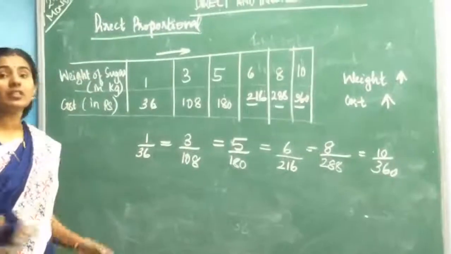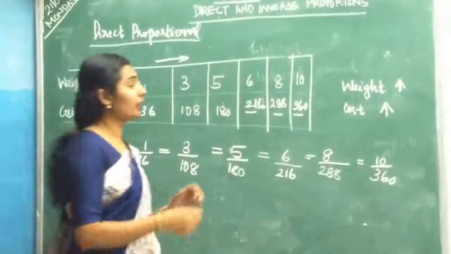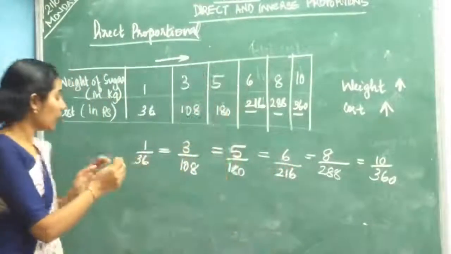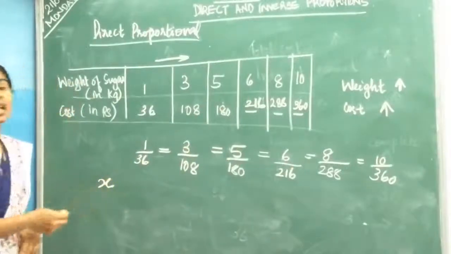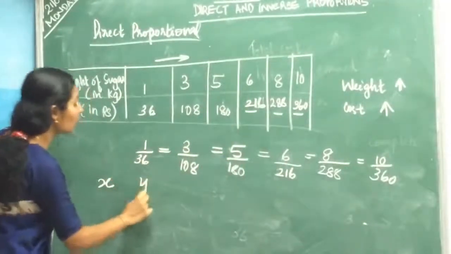So when you are given two quantities, the first quantity I give the name x and the second quantity I give the name y.